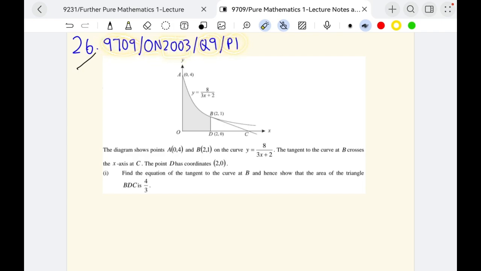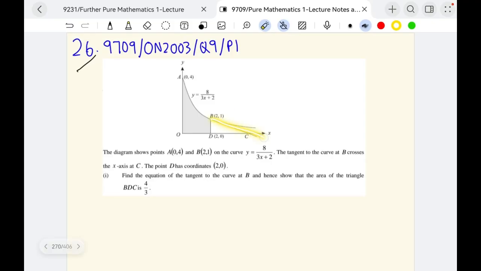So refer to the diagram. There's a curve and 2 lines. The straight line is definitely the tangent line, which intersects with the curve at B, where the tangent crosses the x-axis at C. So let's highlight a few keywords here.